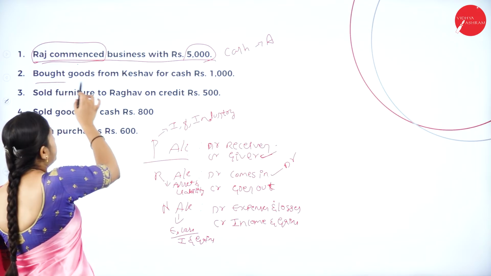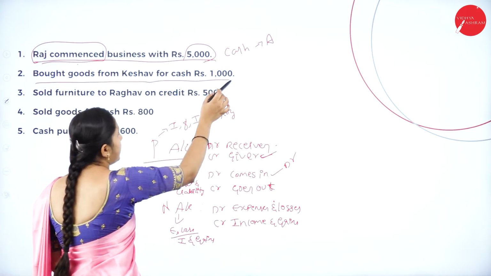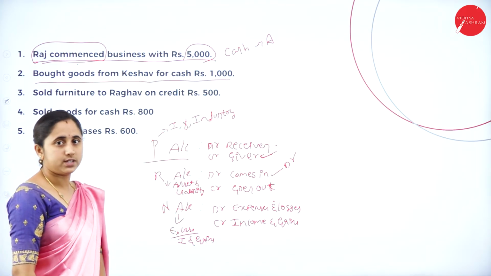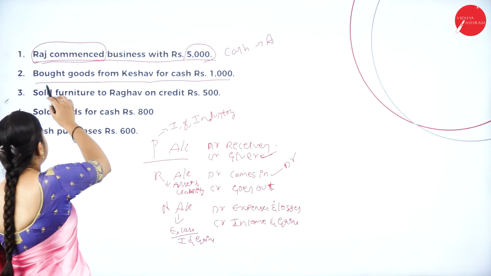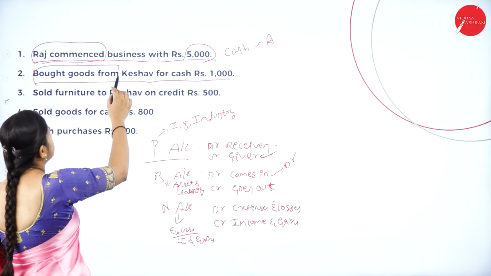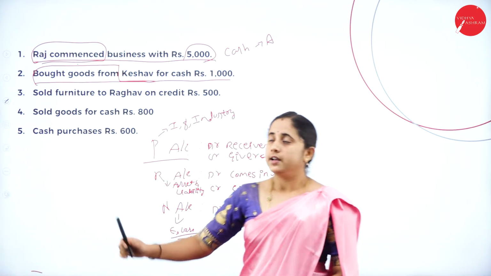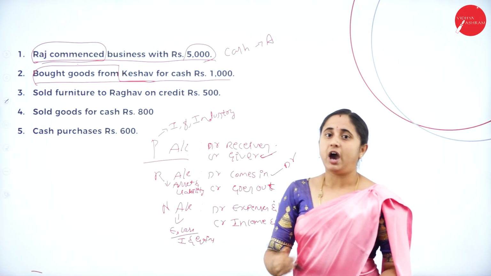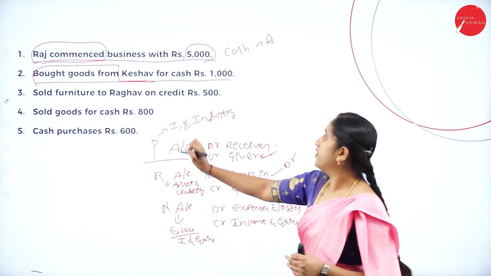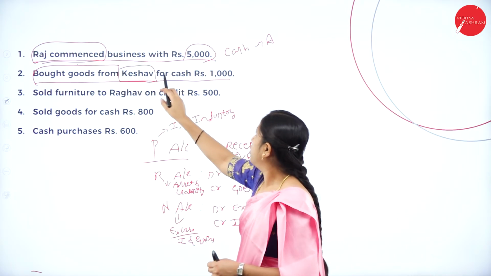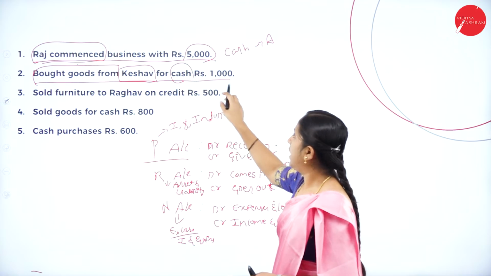Next, bought goods from Keshav for cash rupees 1,000. Here, you have purchased some goods from Keshav for cash rupees 1,000.